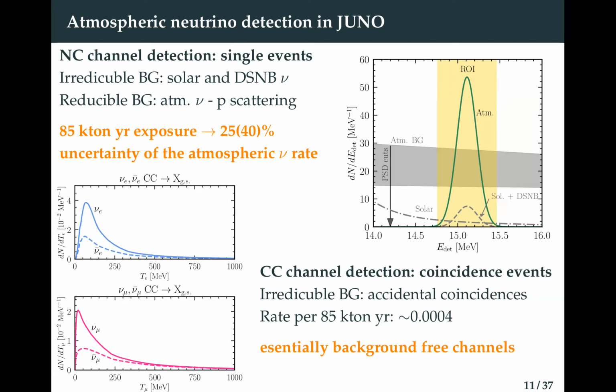But do you mean electrons exciting the carbon, or just neutrinos from the sun scattering on electrons? So now I'm actually thinking about the reducible electrons, the ones giving rise to the electrons. That's just one example. It's a continuum spectrum, but by accident it gives you the 15 MeV deposit.